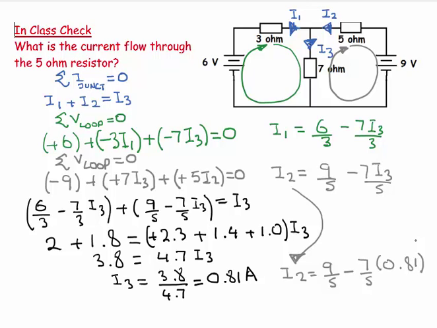So this is going to be 9 divided by 5, minus 1.134, and this equals I2 is equal to 0.66 amps.